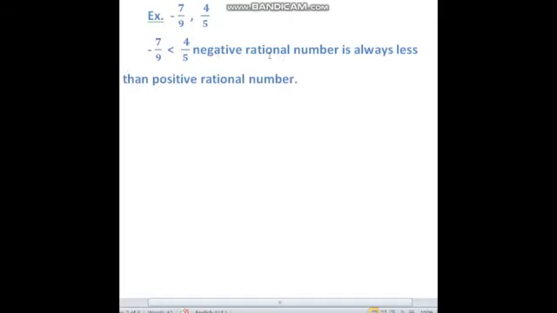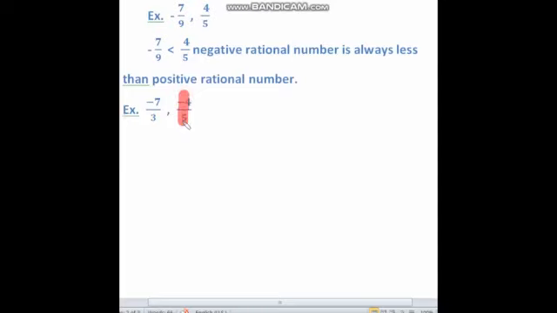Now let's come to another example. Okay, let me do it. See now this other example. In this example, both the rational numbers are negative. Here minus 7 upon 3 and here minus 4 upon 5.